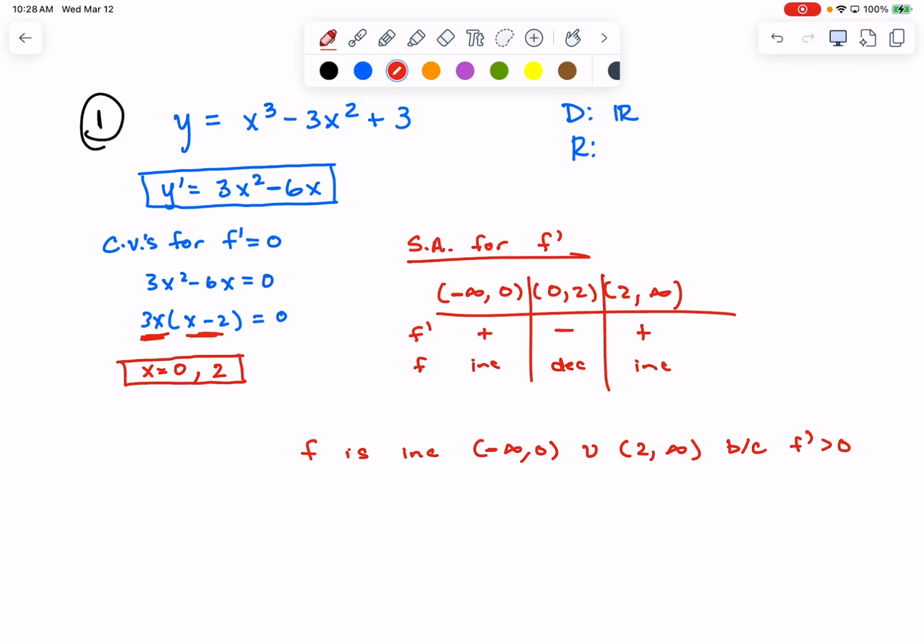You can say f prime is positive or you can say greater than 0. It's up to you. All right, now we're going to say decreasing. F is decreasing where? 0 to 2, because f prime is negative. Block this stuff off.